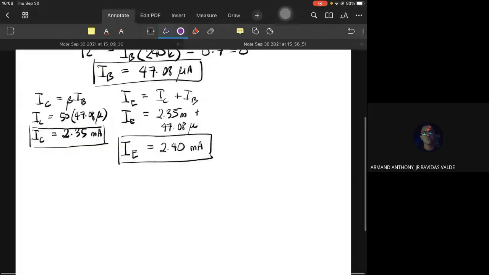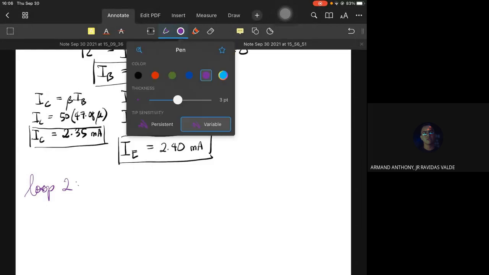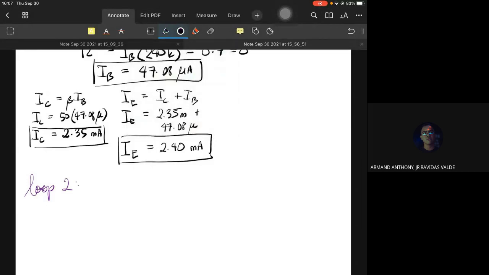Loop 2: VCC minus IC RC minus VCE equal to 0.